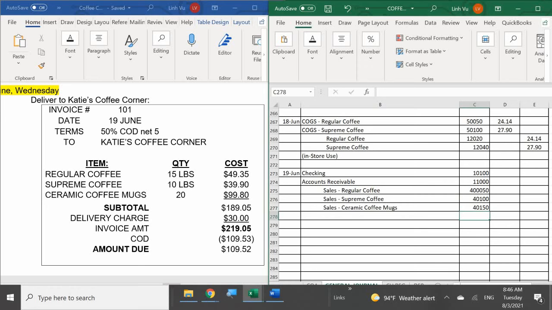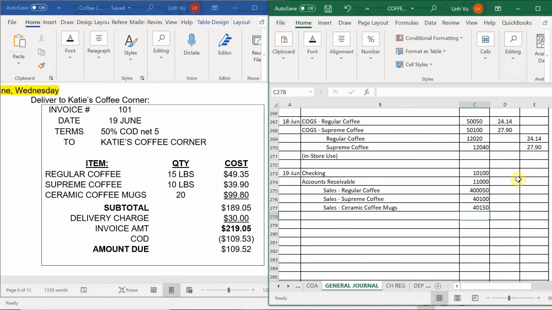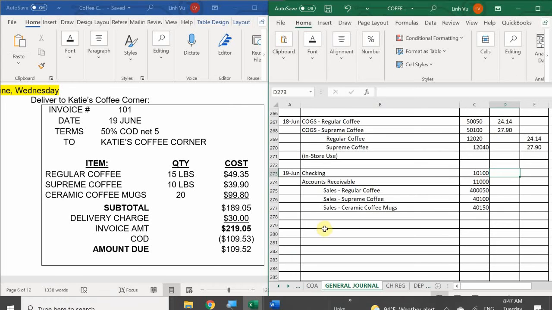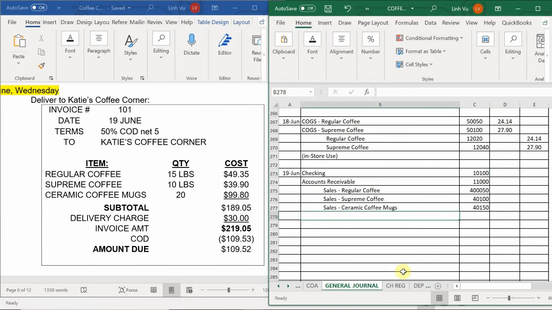Okay. Should we just fill in their numbers now? Or is there something else? Delivery charge. Okay, what account is that? Are they charging us for delivery or are we charging the customer for delivery?